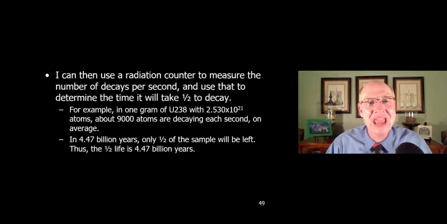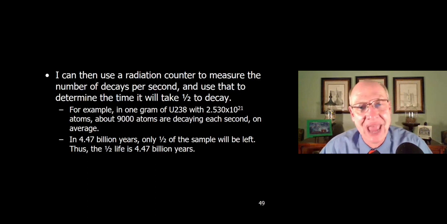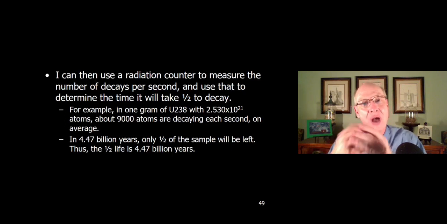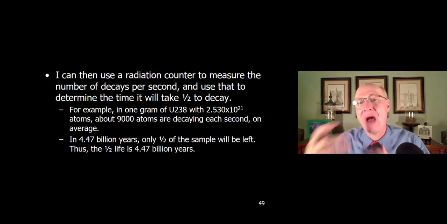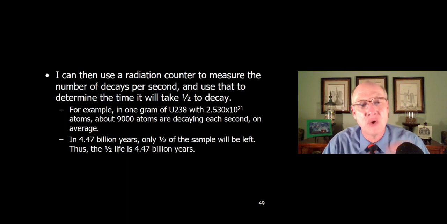Now, I could take that 1 gram of uranium and surround it by radiation counters, and count the number of atoms that are decaying every second. And from that, since I know how many atoms I have and I know how many are decaying every second, I can calculate how long it will take for half of them to decay. For example, in my 1 gram of uranium-238, with that many atoms, on average, about 9,000 atoms are going to decay every second.